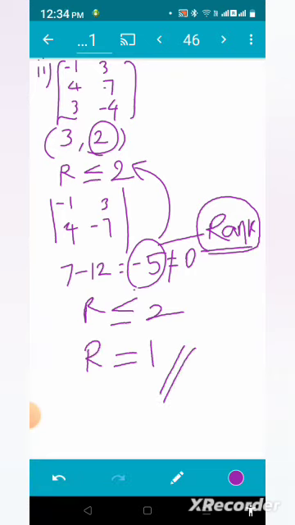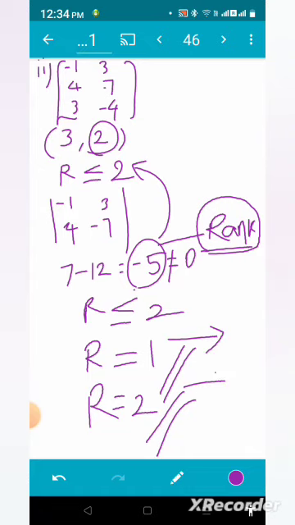So the rank is 1, or else 2. This is the answer for the second part.